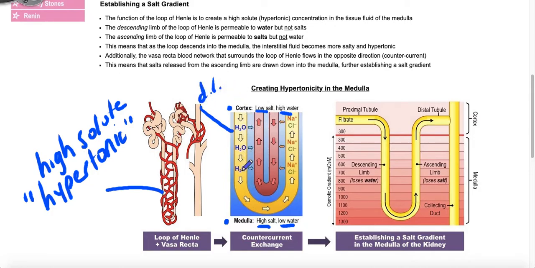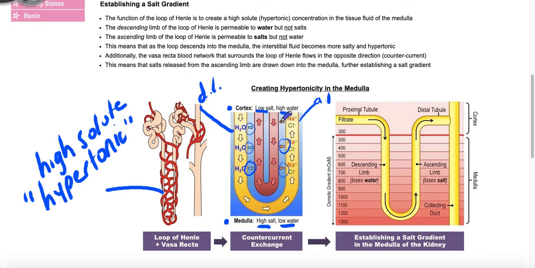So we have the descending limb of the loop of Henle. Notice that it is permeable to water. So that means that water can exit the descending limb, and water then goes into the medulla part. The ascending limb of the loop of Henle is permeable to salts, so sodium chloride.